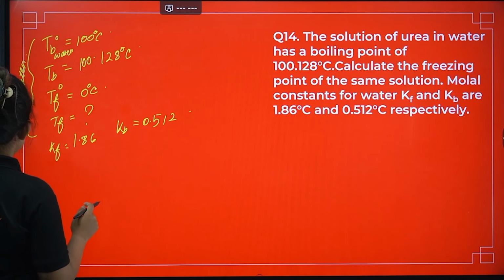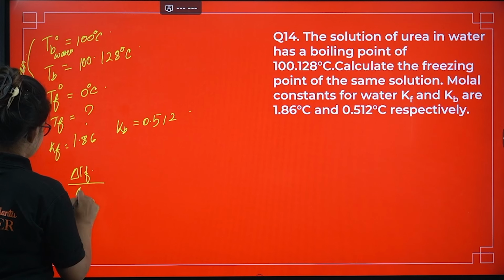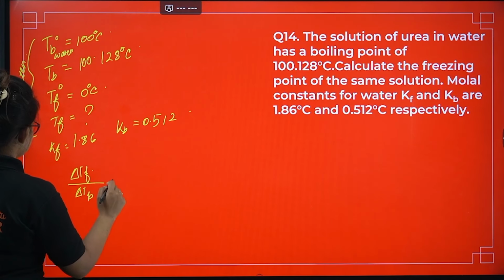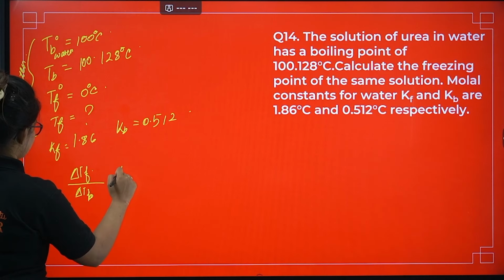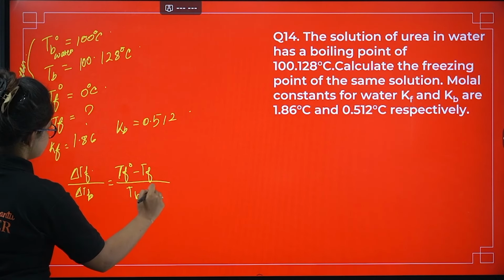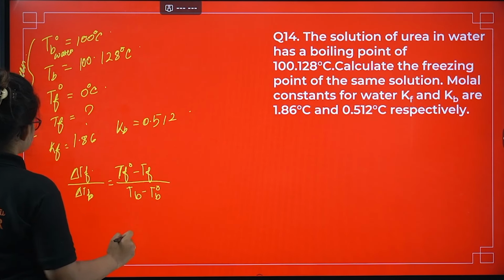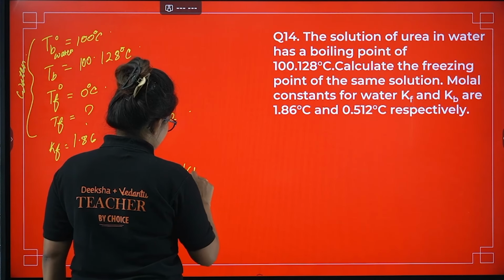From here I can take the ratio delta Tf divided by delta Tb. For this particular case it's going to be Tf naught minus Tf divided by Tb minus Tb naught. So molality will be cancelled out and here I will get Kf by Kb.